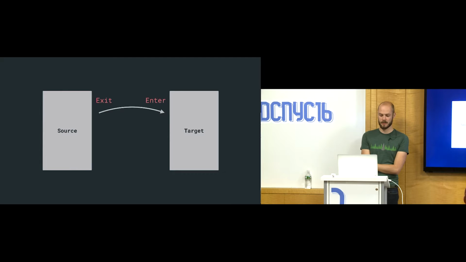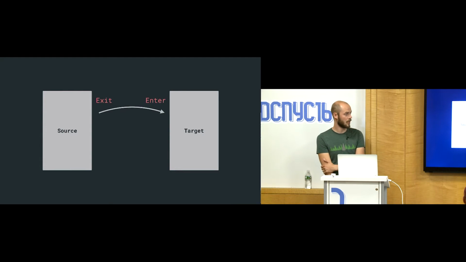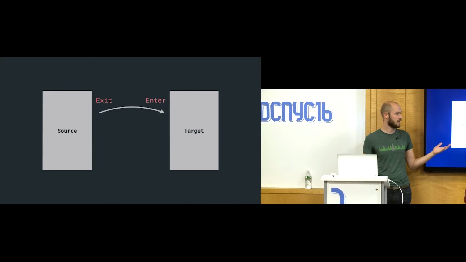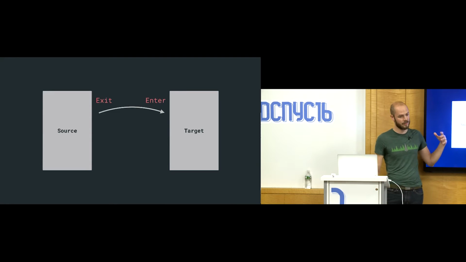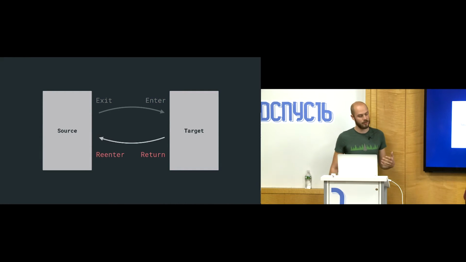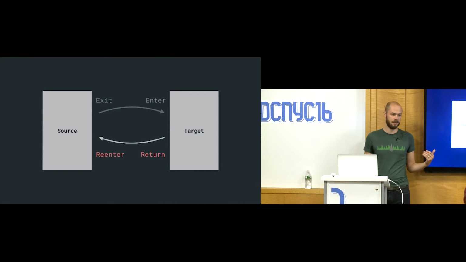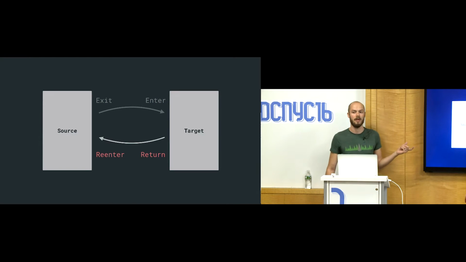When it comes to transitions, they come in pairs. There is an exit transition. So when you exit from one activity or fragment, you have the exit. On the other side, you have the enter. On the way back, of course, you have the return and the re-enter, which are the callbacks that you get from the window. You can use those to manipulate the transitions at whatever point you want.